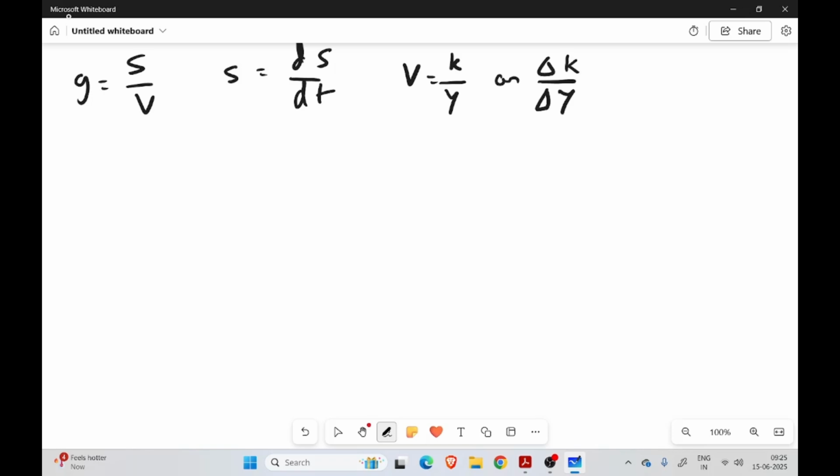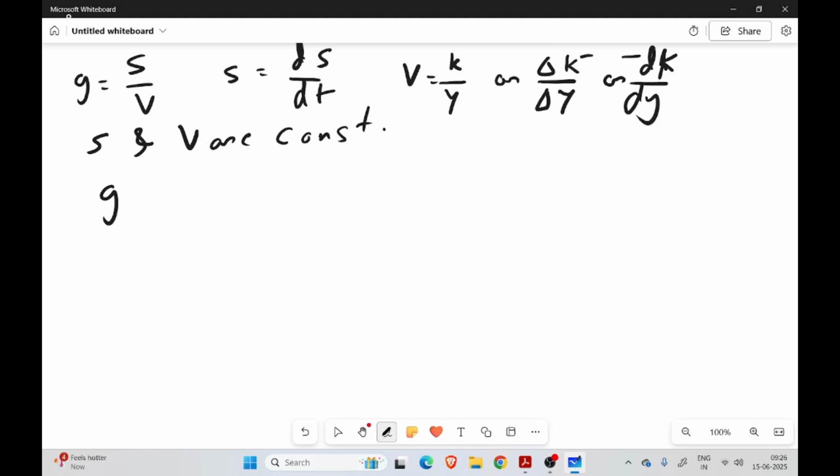We can write it as dK/dY, and V can represent any one of these. According to the Harrod-Domar model, S and V are constants. Therefore, G is also a constant.